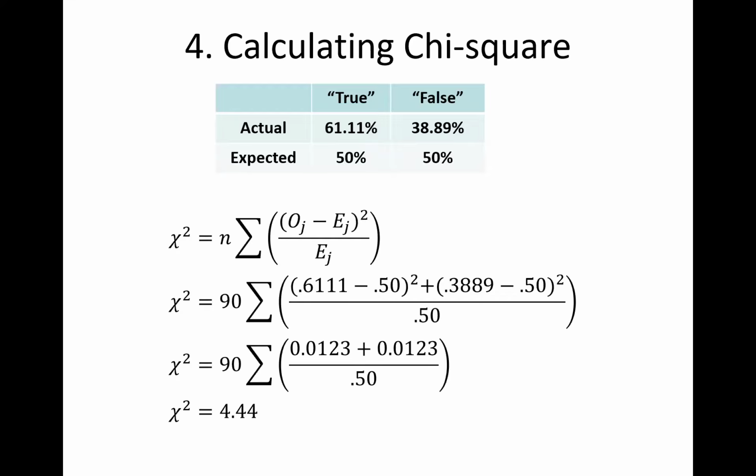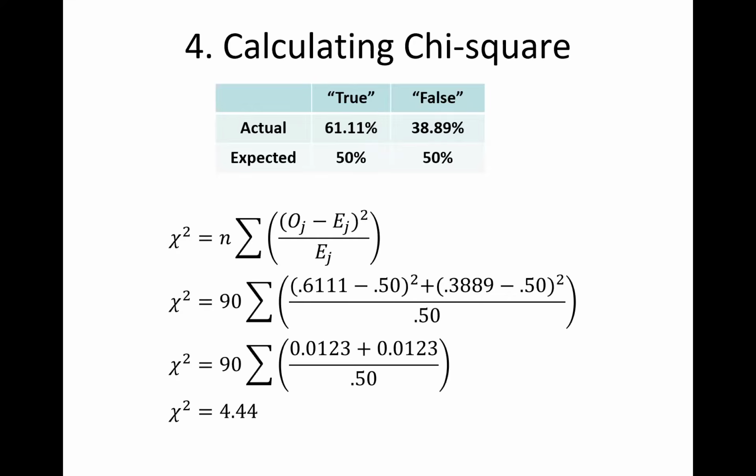The expected value for each group is the same, so I've just put the entire term over 0.50. I could have written 0.6111 minus 0.50 squared over 0.50 plus 0.3889 minus 0.50 squared over 0.50 as two separate terms, but I put them all over the same denominator because the denominator was common.